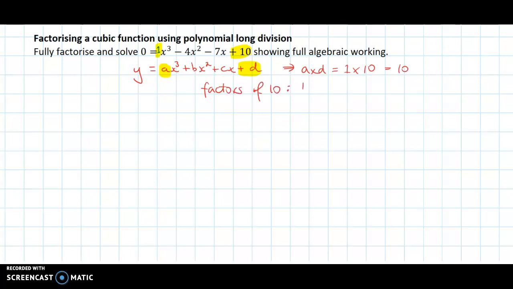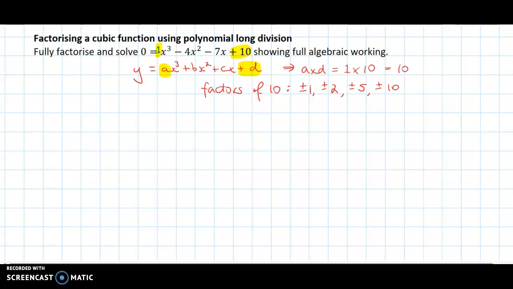I can list them out: plus or minus 1, plus or minus 2, plus or minus 5, and plus or minus 10. I know that 1 times 10 gives 10, negative 1 times negative 10 gives 10, 2 times 5 gives 10, negative 2 times negative 5 gives 10. So all of those are possible factors.